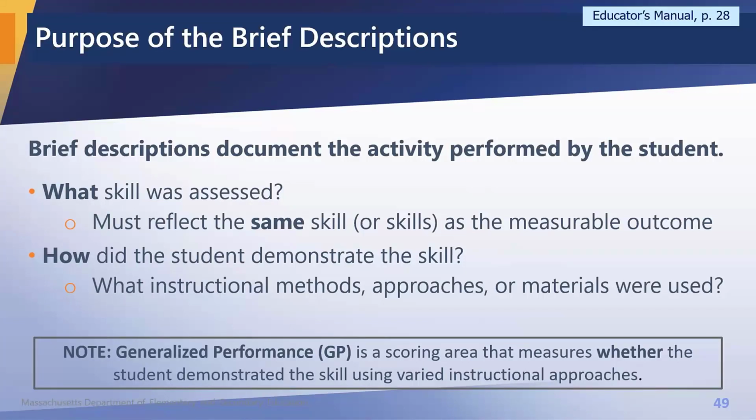And all generalized performance is basically differentiating that instruction. So if you do maybe a worksheet and then perhaps the interactive whiteboard, well, you have two different types of generalized performance. So don't get too hung up on it. Just know that that's what your how is doing.